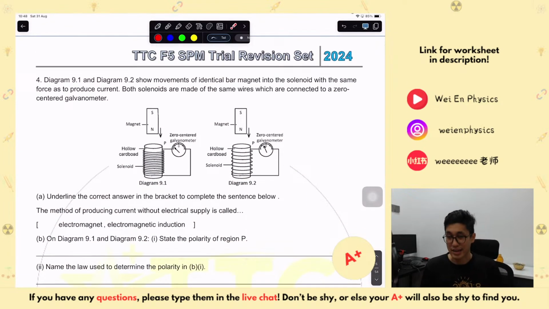Okay, let's look at question number 4. Question number 4 is, I think, electromagnetic induction, just from the apparatus here. Okay, so diagram 9.1 and 9.2 show movement of identical bar magnets into a solenoid, with the same force to produce current, both solenoids made of the same wires, and then a zero-centered galvanometer.